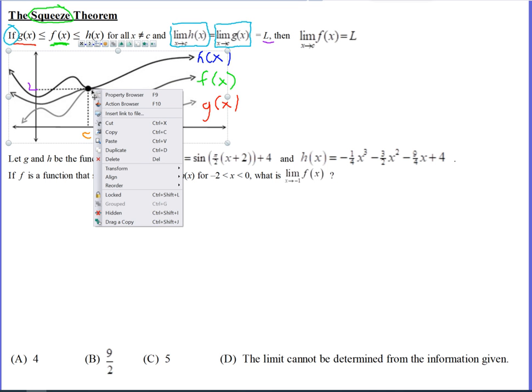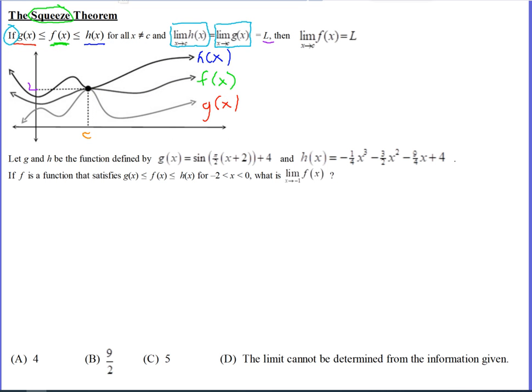But right here at this point, they have the same limit. So from the left and the right, h of x and g of x are approaching the same thing. So what it's saying, if that happens, then what this guarantees, here's the then part of the statement, then the limit as x approaches c of f of x, the one that's squeezed between them, would have to equal the same limit, basically.